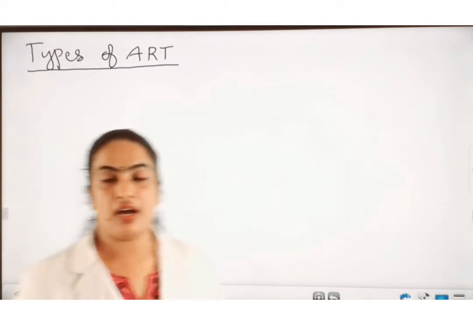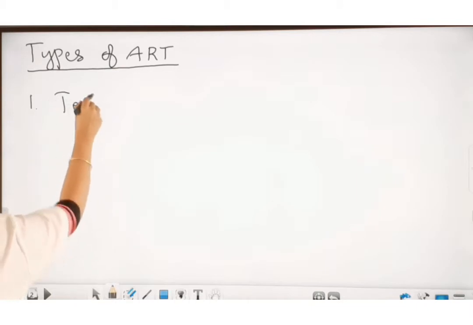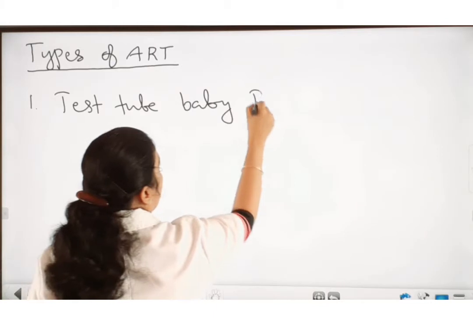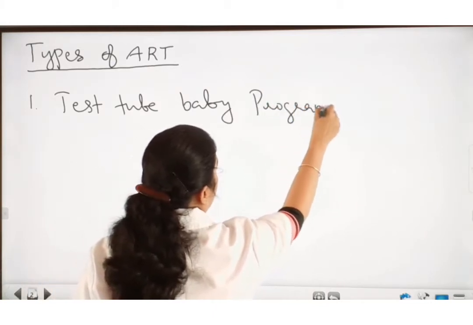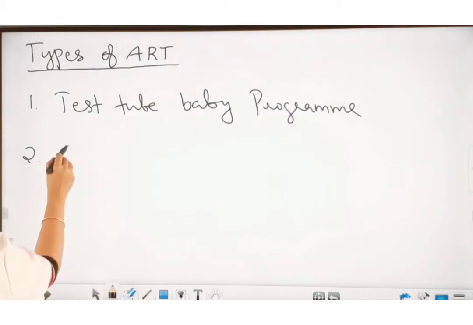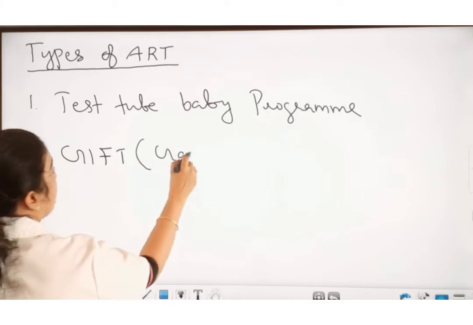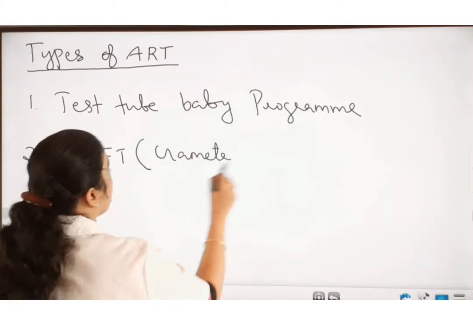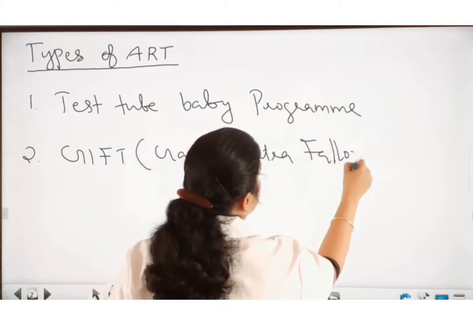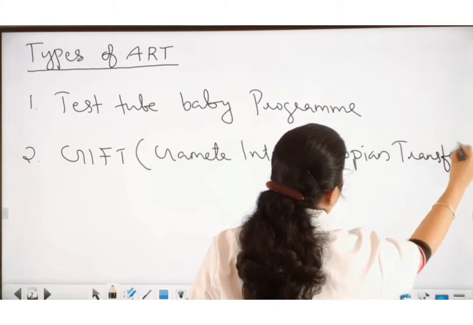The types of ART, the first one is test tube baby program. And the second one is GIFT. So GIFT means gamete intra-fallopian transfer.